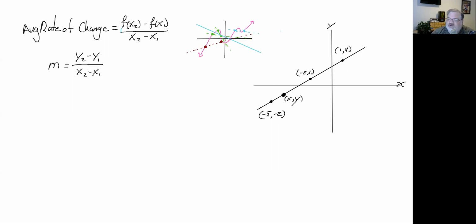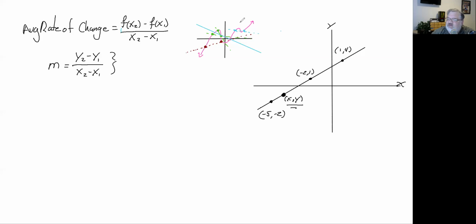But if I can write a function, write a rule that links every x and y point together on this line, well, then I don't have to list them all out because my function, my equation, if you want, will have all of them contained in it. So to do that, one of the things that we can do is just use this same tool. We can pick any one of these points to be kind of our anchor point.